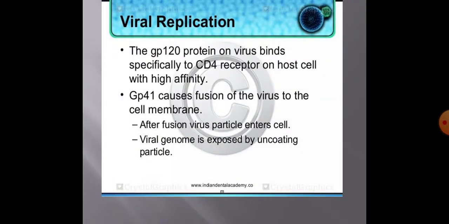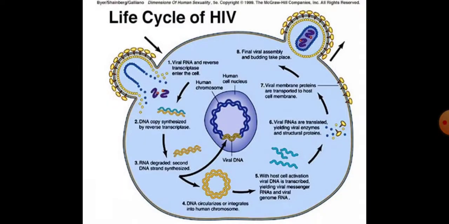GP120, as I already told you, is required to bind specifically to CD4 receptor on host cell, whereas GP41 causes fusion of virus to cell membrane, and after fusion the virus particle is able to enter the cell. Its genome is exposed by the uncoating process.